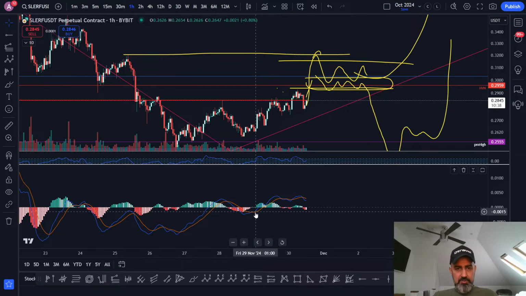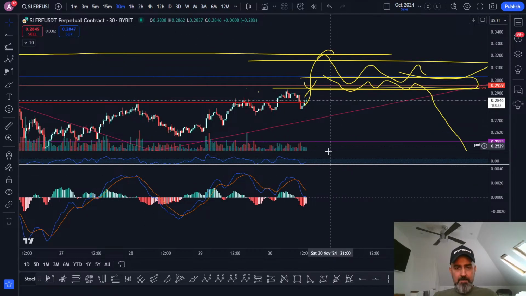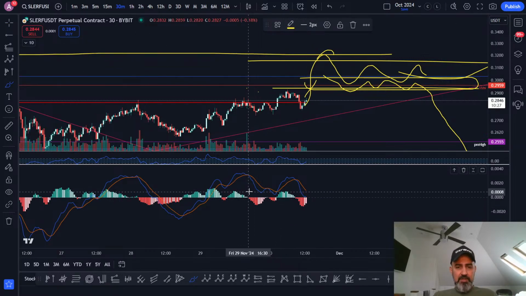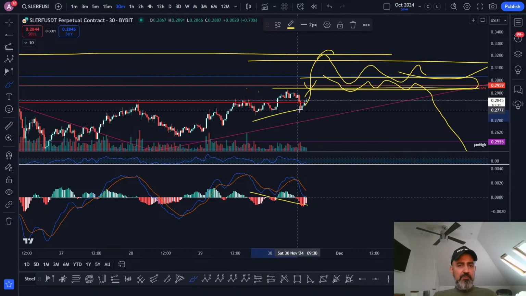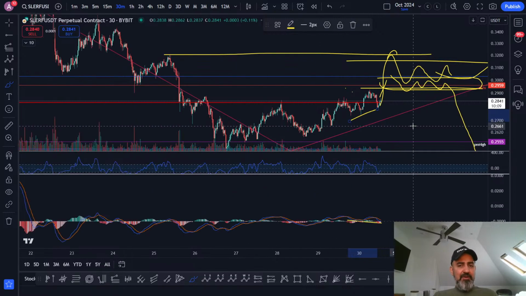I'm actually seeing bullish divergences at the lows on this 30-minute time scale. If you see bullish divergences at the lows, it tells you that you're still looking to go up. So there's a few things going on here, and I think it's a scalper's paradise right now.